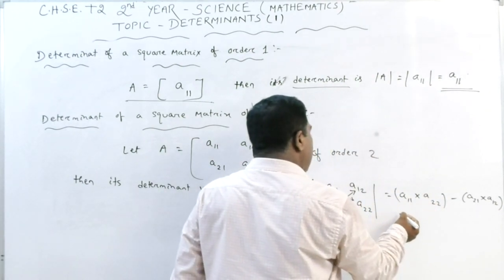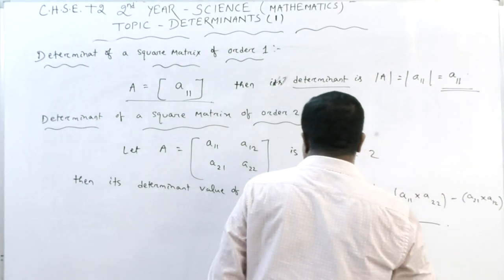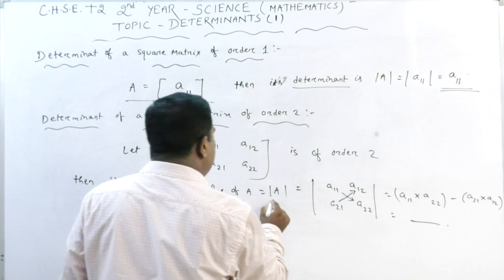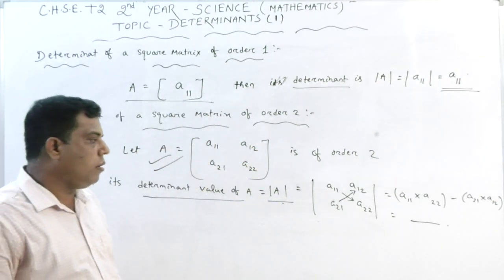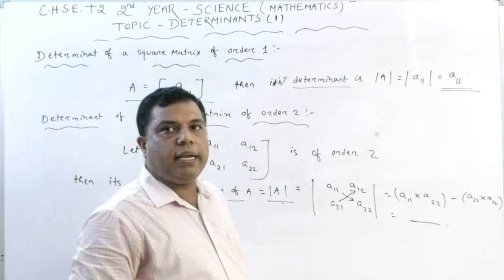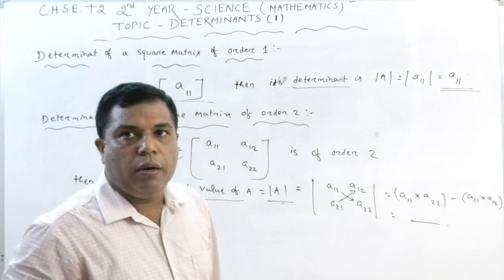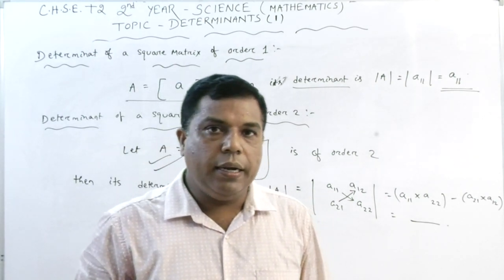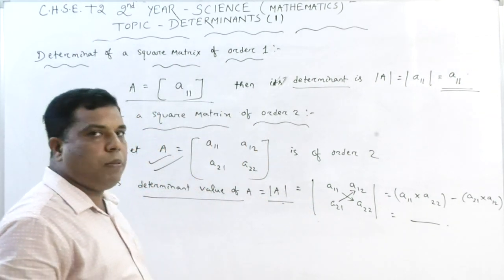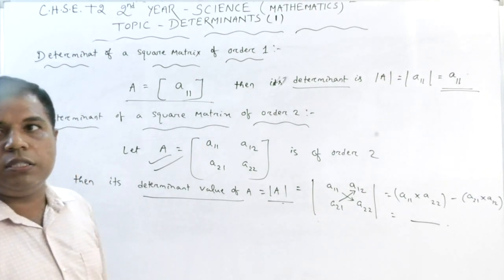So this value what we obtained here is called the determinant value of this matrix. So in this way, let us take one example to clarify the concept, to find the value of the determinant of such type of matrices whose order is 2.